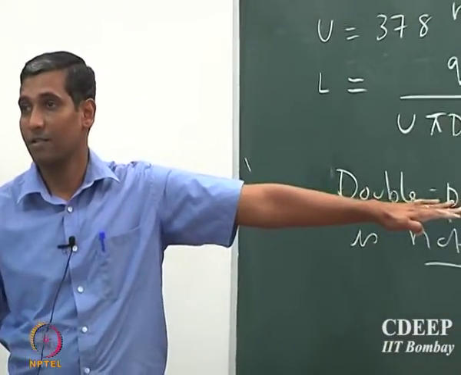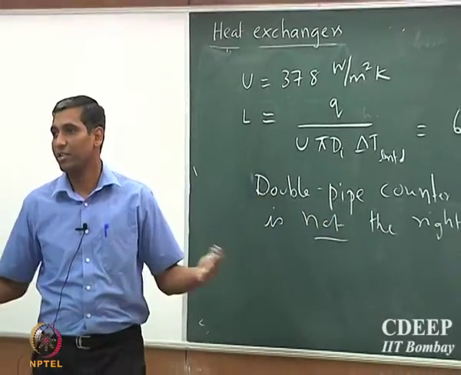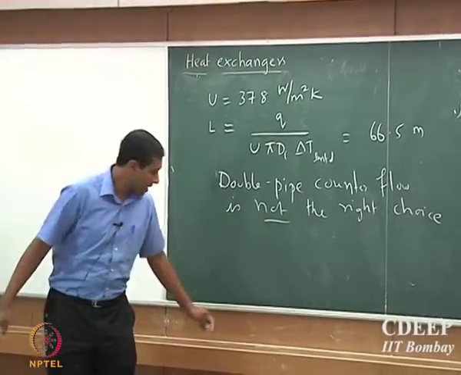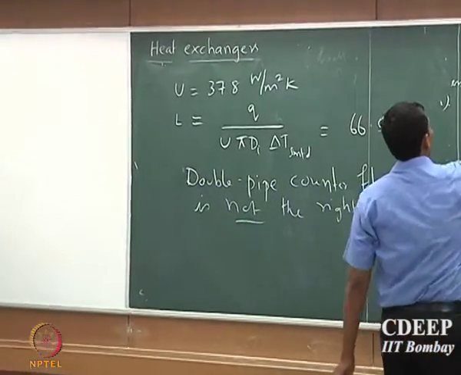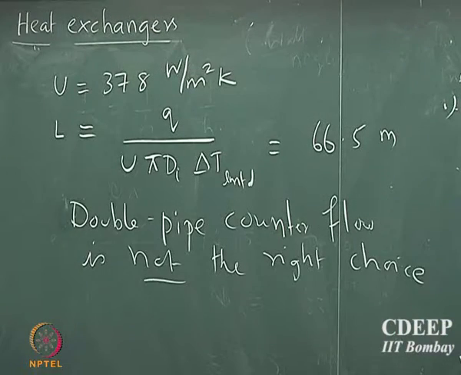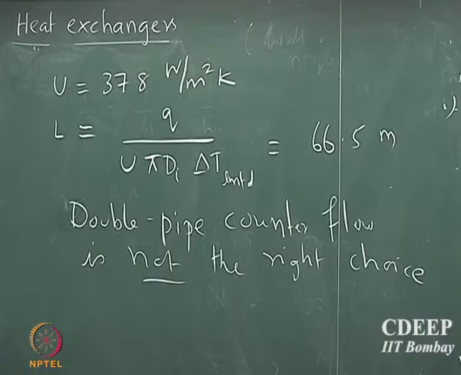You will end up making a very expensive heat exchanger, but you are not getting the best out of it. That's an important point. Alright, next we look at some special cases. I will sketch some of the temperature profiles, and then we will move on to the log mean temperature difference for shell and tube heat exchangers.